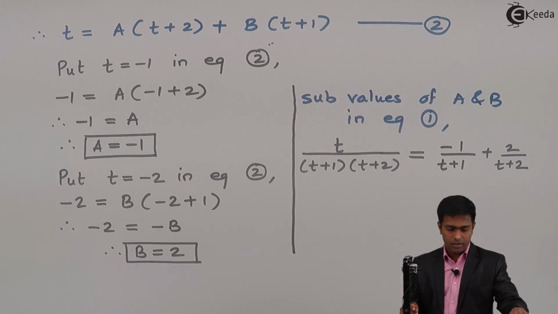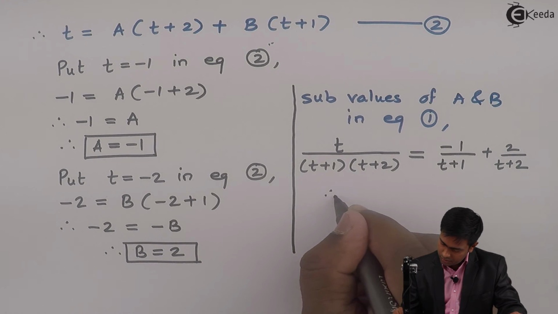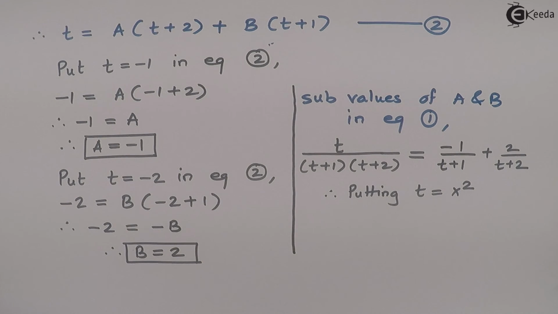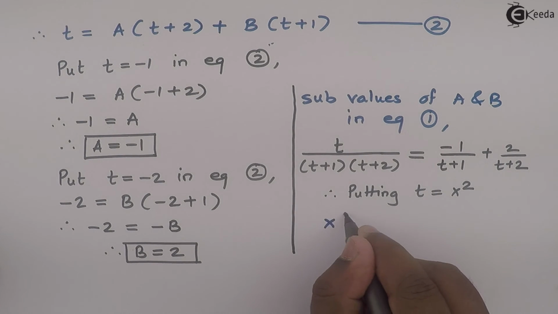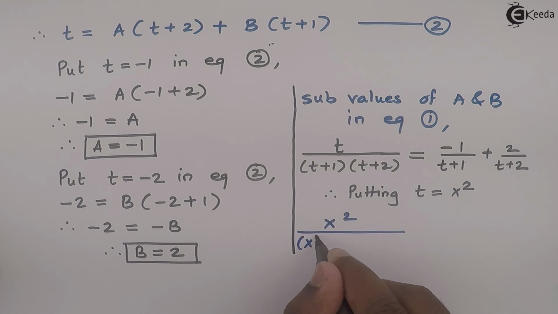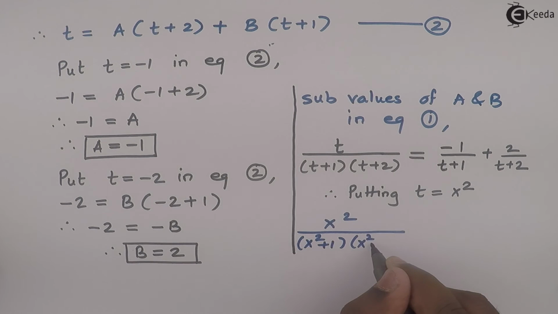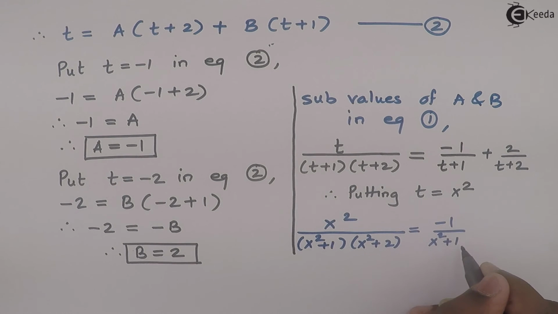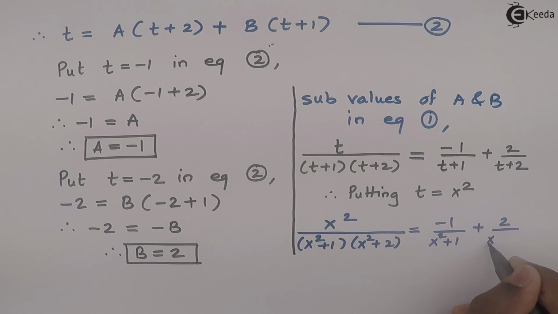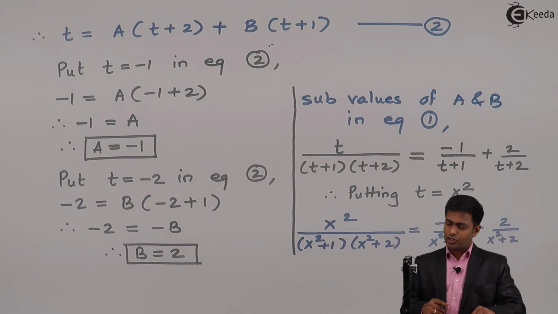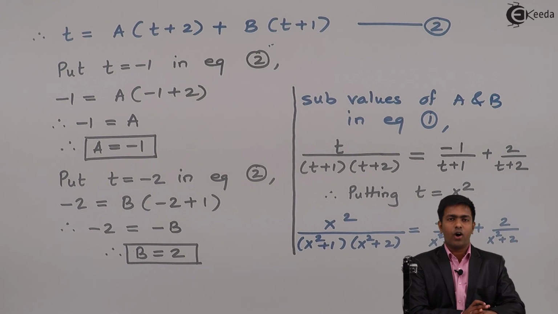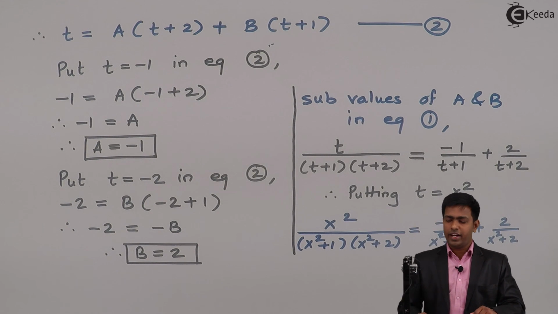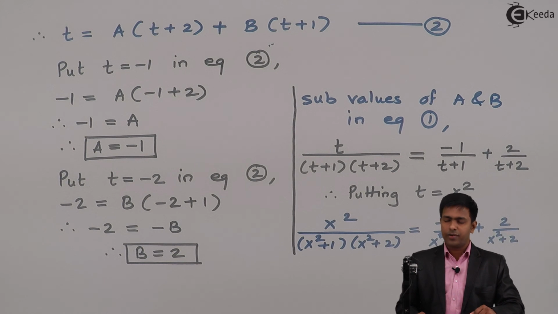Therefore, putting t equal to x square, we get x square upon x square plus 1 into x square plus 2 equal to minus 1 upon x square plus 1 plus 2 upon x square plus 2. So this is the partial fraction of the given fraction. Here we have seen the distinguished method to find the partial fraction of the given term. Thank you.